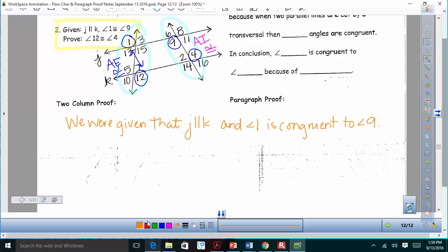Then our second step is our angle relationship. So what two angles are congruent? Angle 1 and 12.